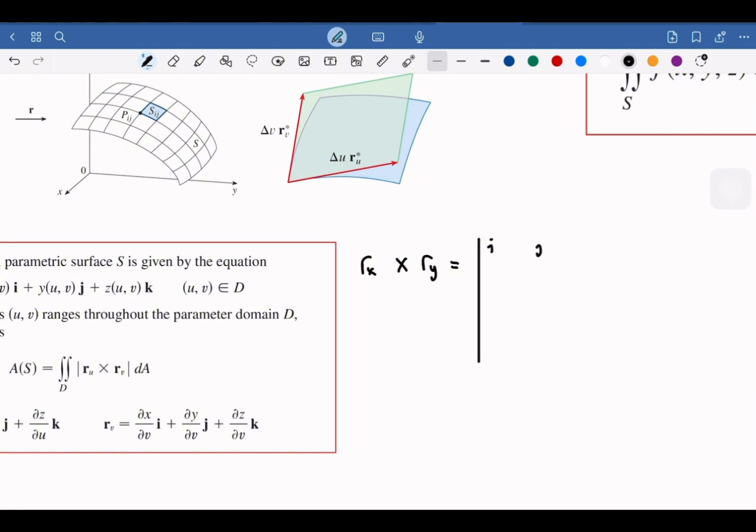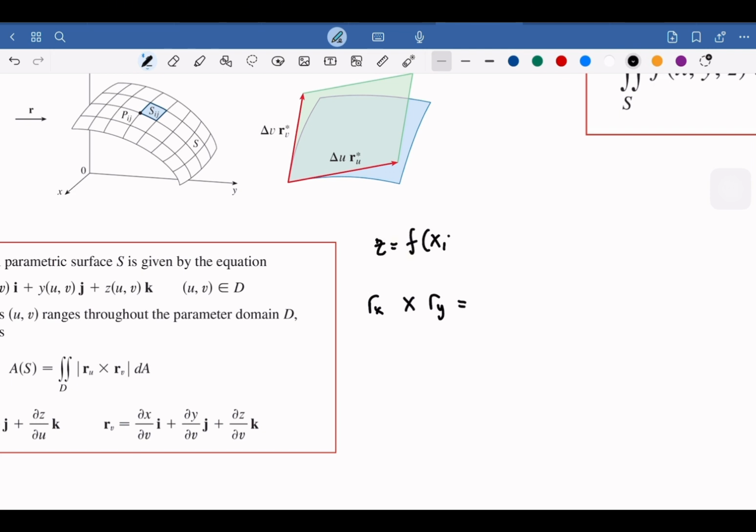so if we take the determinant, so this is 1, 0, oh, I need to define, I forgot to define the functions. Let me define the function first. So suppose that z is a function of x, y, and then Rx will be i plus ∂f/∂x k.